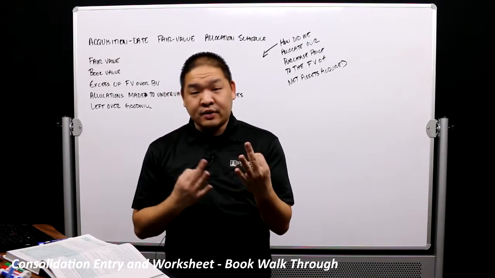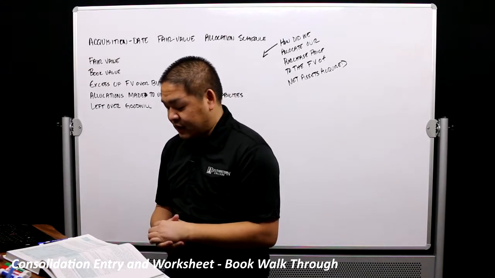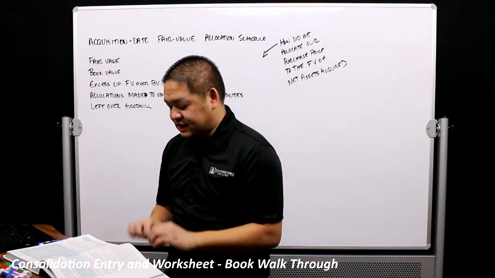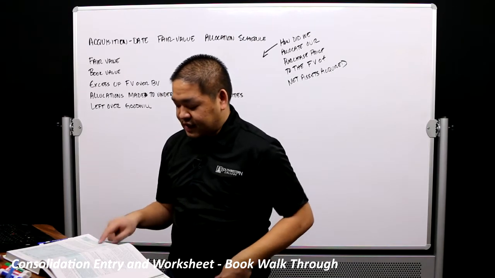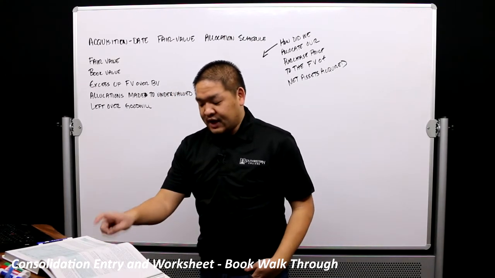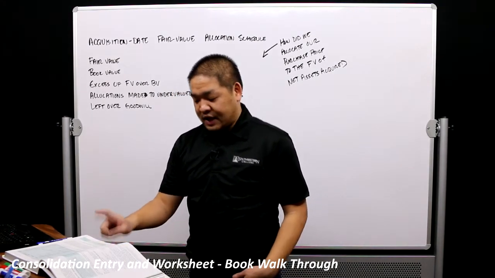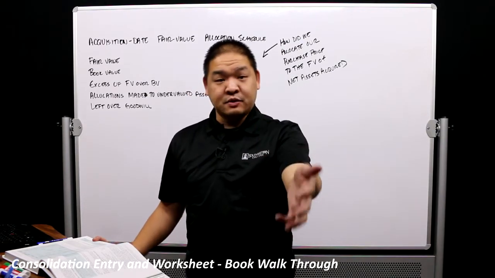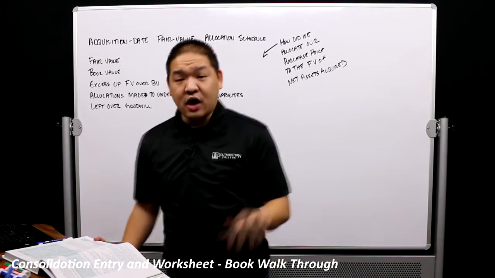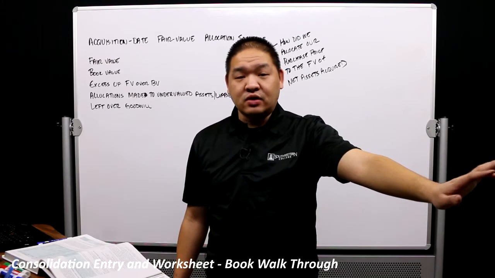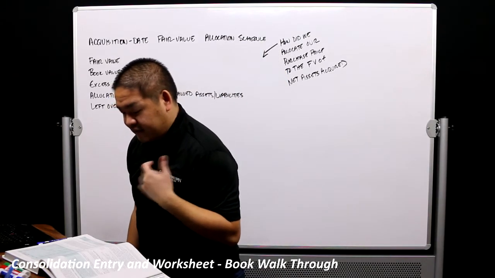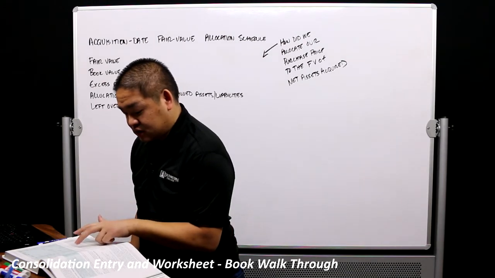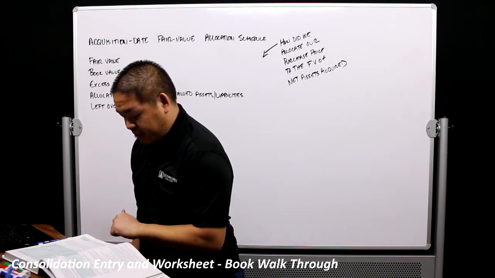So step 3 at the bottom of page 57, you're going to see consolidation entry S. So notice in consolidation entry S, what we're doing there is we are eliminating the stockholders' equity of Smalls. Okay? So obviously Smalls is going to have stockholders' equity. In this case, they're going to have stockholders' equity of $600,000.